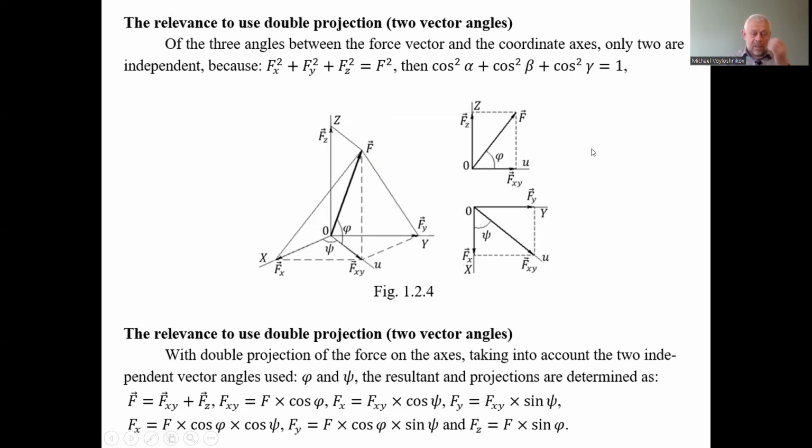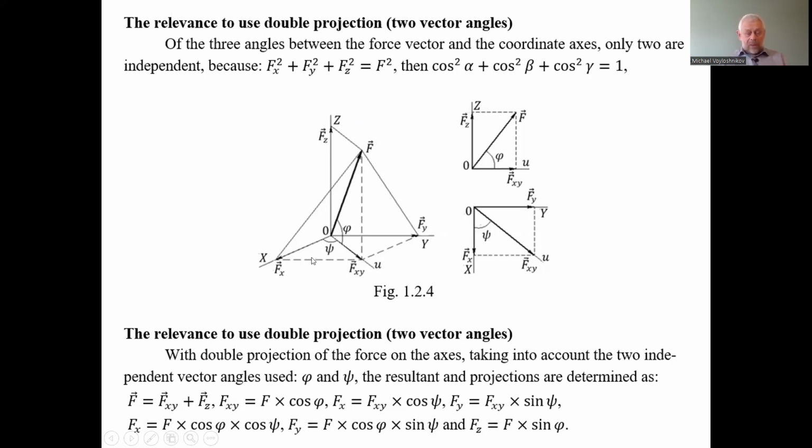So, for example, on picture 1.2.4, we can see the force and the vertical rectangle of the force, which the z-axis passes through. I mean, the plane of this rectangle is located parallel to the z-axis, and the z-axis lies in this rectangle plane.